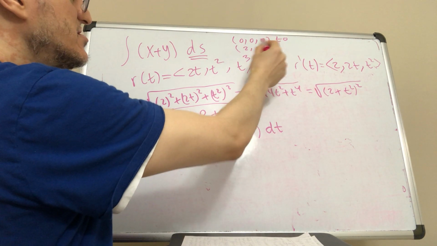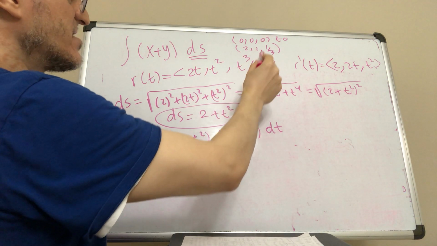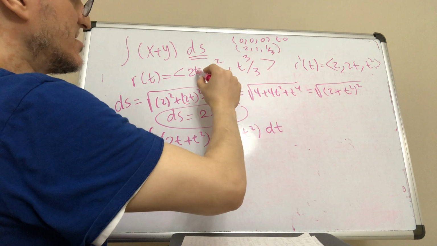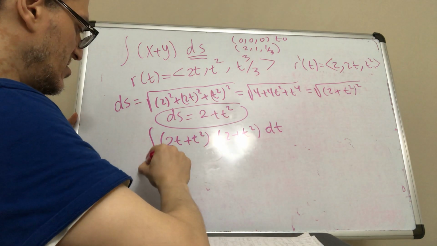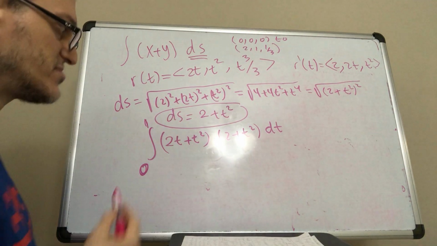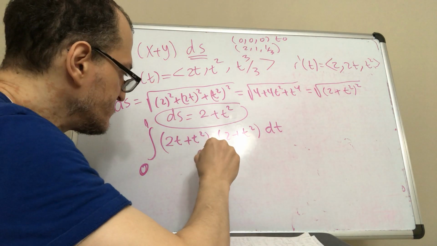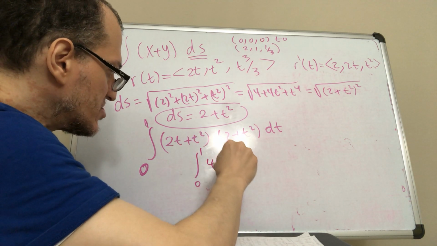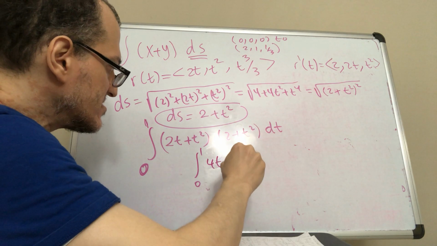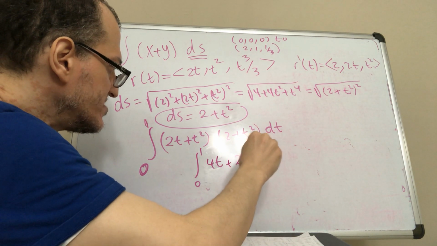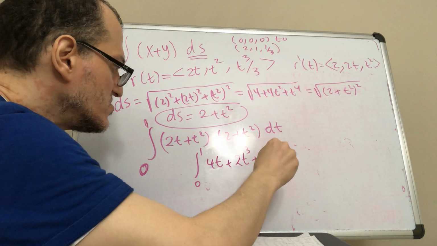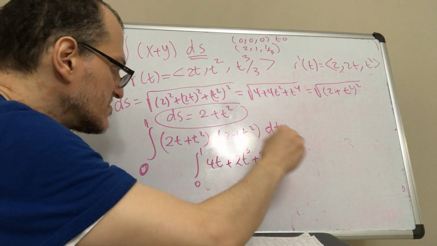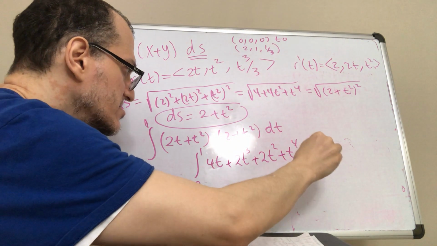Obviously 0, 0, 0 we get if you plug 0, and 2, 1, 1/3 we get when you plug 1. So I know that I'm going to be going from 0 to 1. We expand first. This time this is 4t. This time this is 2t cubed. This time this is 2t squared. And this time this is t to the 4th dt.